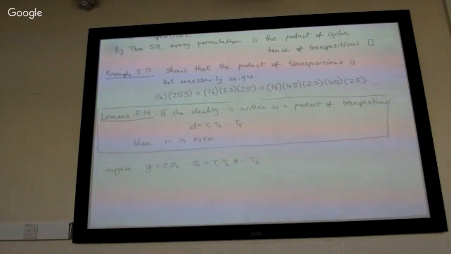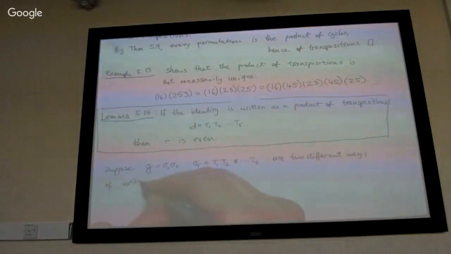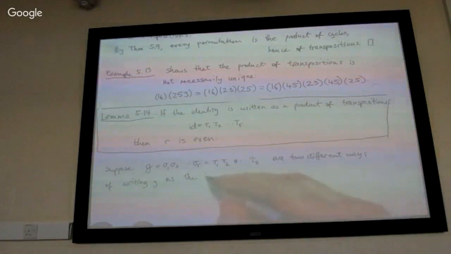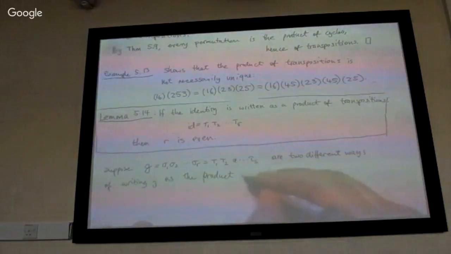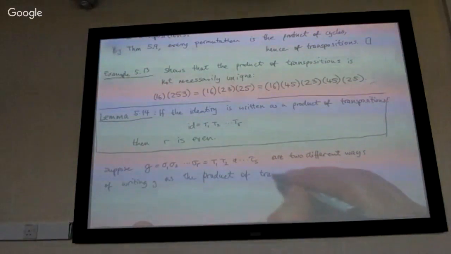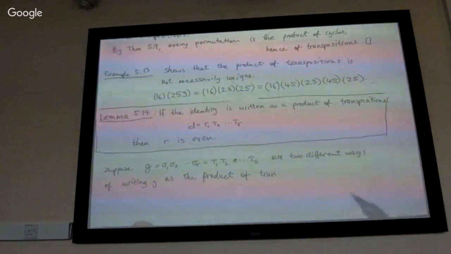These are two different ways of writing G as the product of transpositions. Okay, so all these sigmas and all these taus are transpositions.